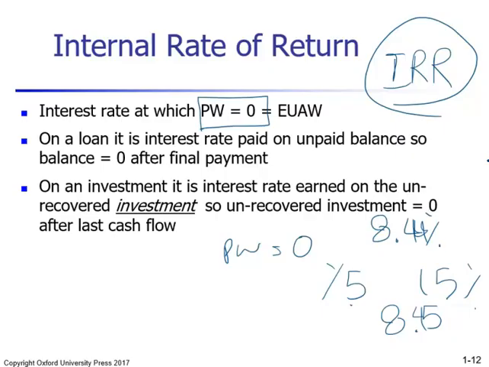Don't overcomplicate it. You know IRR, and what happens in IRR? You are getting the interest rate that makes the present worth equal to 0. That makes the equivalent uniform annual worth 0. You are also familiar with this, but mostly you are familiar with the C1, that is cost.